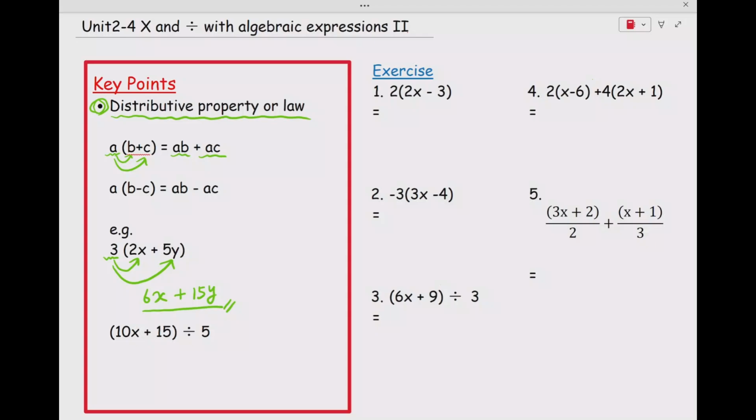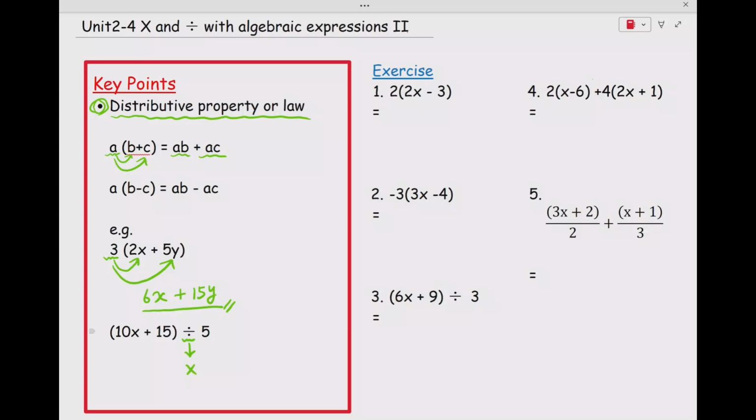Now, how about the case of division? Well, the same is true for division. First, replace the division sign with the multiplication sign, and then use the distributive law to remove the brackets. For example, if we have (10x + 15) divided by 5, let's first change the division sign to the multiplication sign.